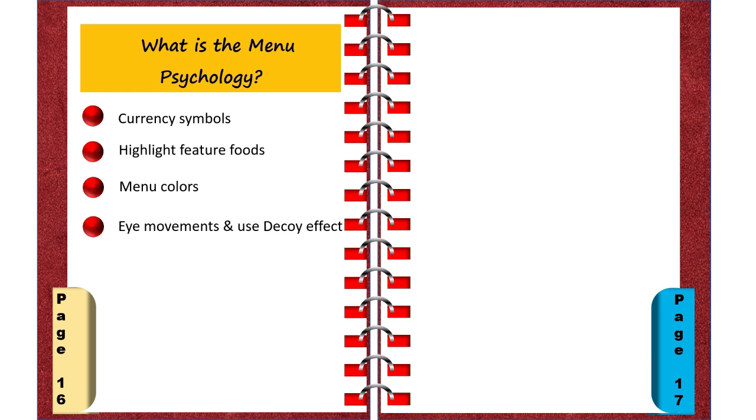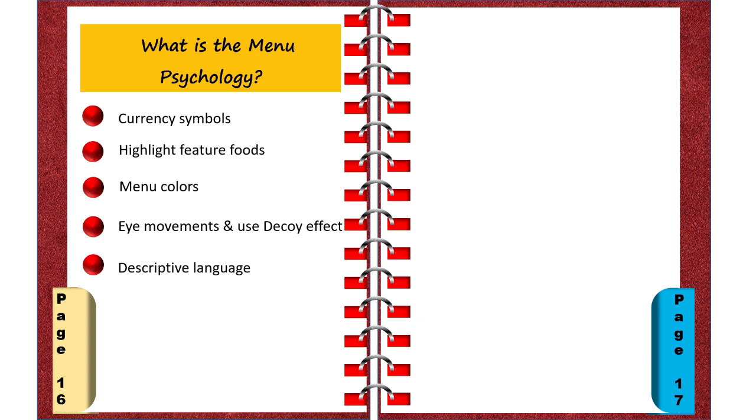As I was talking about, next is the eye movement, and use the decoy effect. We will discuss the decoy effect in terms of a sample there. Use descriptive language. For each menu item, try to give very crisp descriptive language so that people will understand and automatically get attracted.